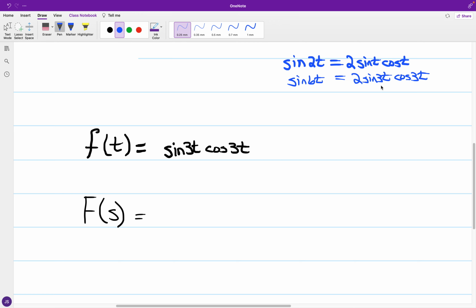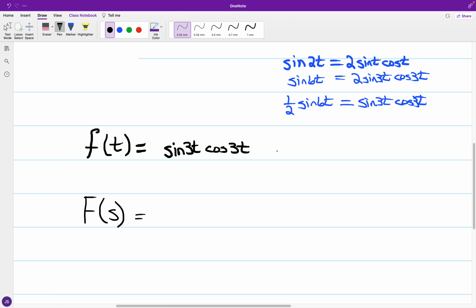But to get this in terms of just sine of 3t times the cosine of 3t, I'm just going to take half. So we have 1/2 of the sine of 6t is equal to the sine of 3t times the cosine of 3t.